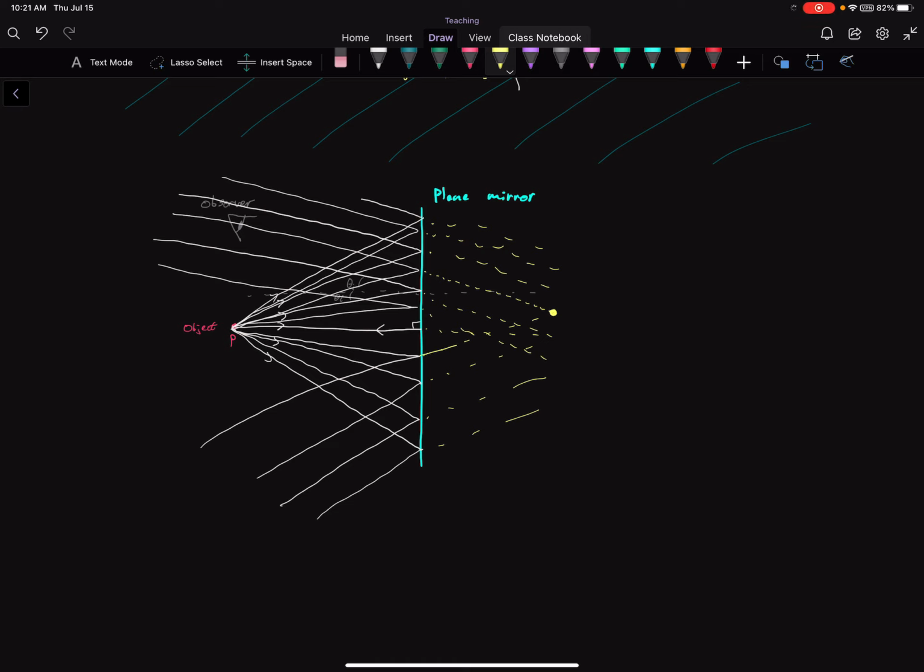So all these rays are reflected as if they were emanating from this point back here. Drawing isn't perfect, but if you're not convinced, you can look at the better drawing in my notes or the textbook. They all come as if they had emanated from a point source here.